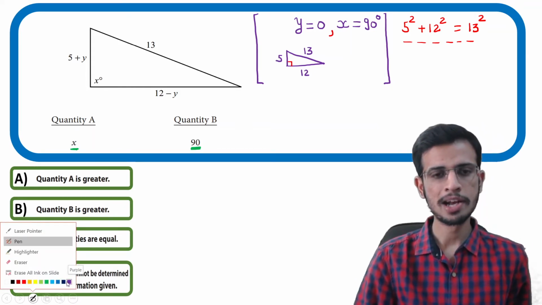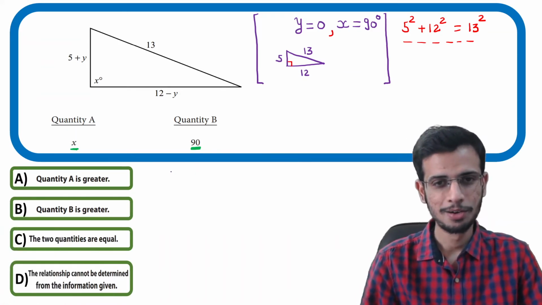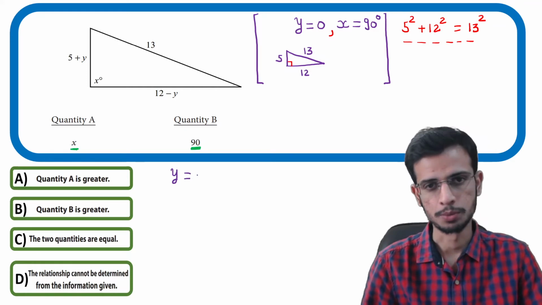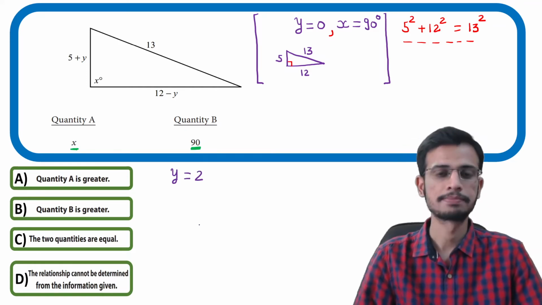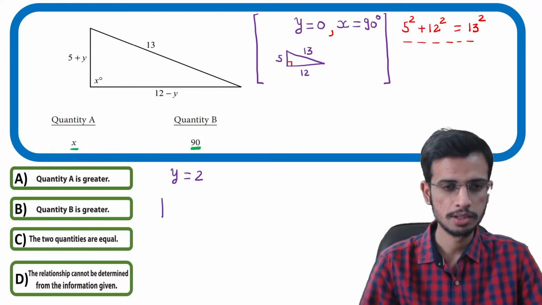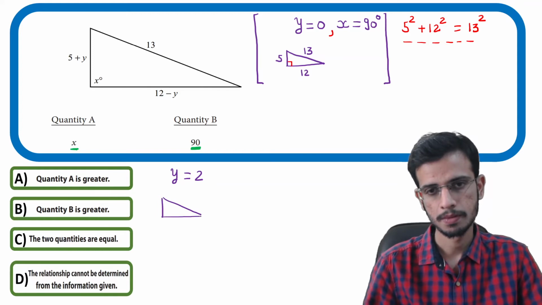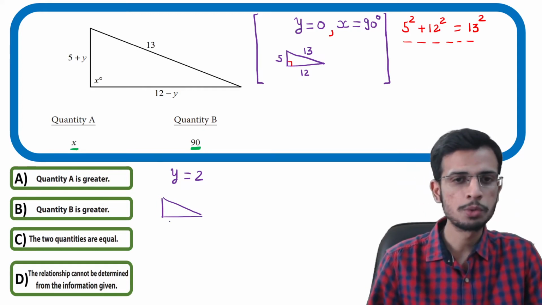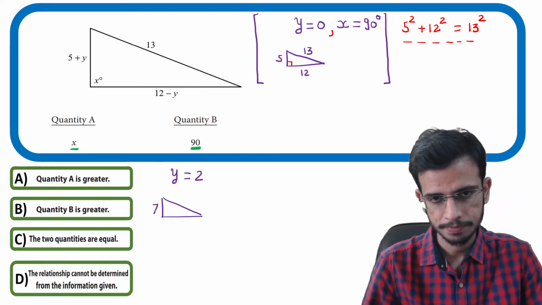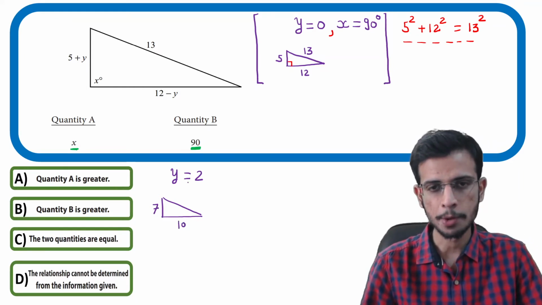Okay, so let us put the value of y equal to 2. Then what will be the side lengths? 5 plus 2 will become 7. 12 minus 2 will become 10, and this hypotenuse is 13.